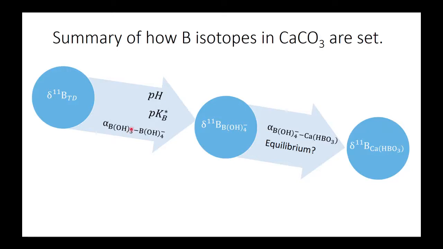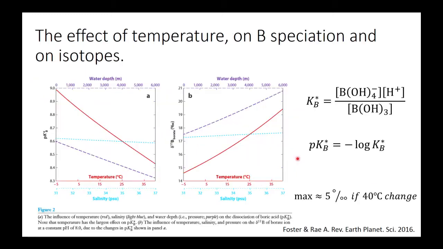So there are some additional factors that are going to be changing our boron in our calcium carbonate other than just pH. Temperature will affect these, and there will be an issue of whether we are truly at isotopic equilibrium. This is just to demonstrate some of these effects. These are what happens to the equilibrium constant when you do different things to the environment.